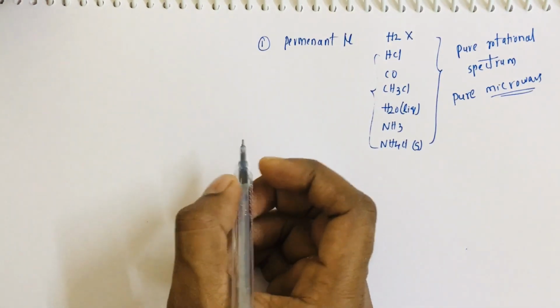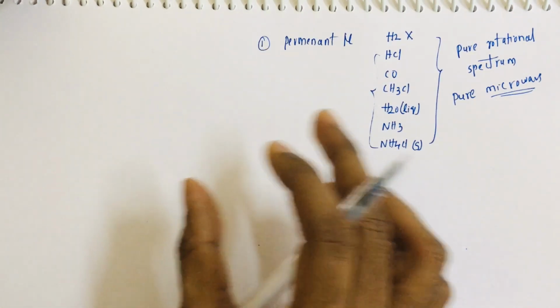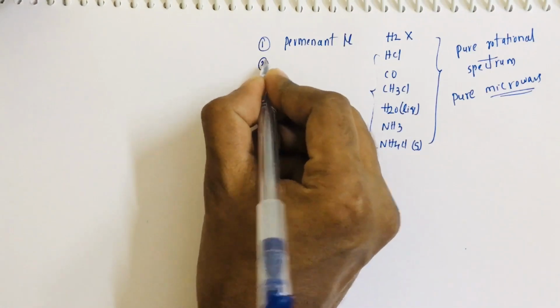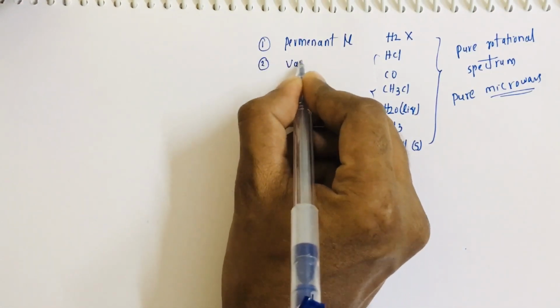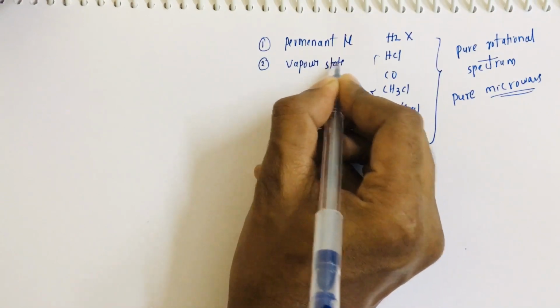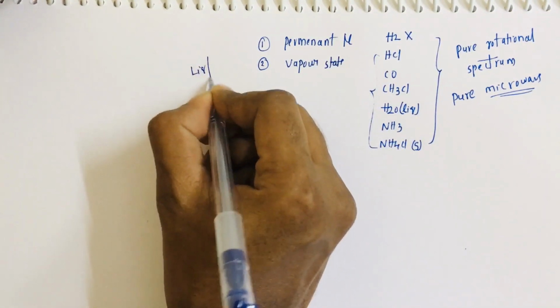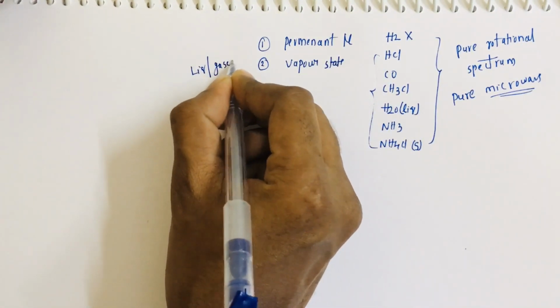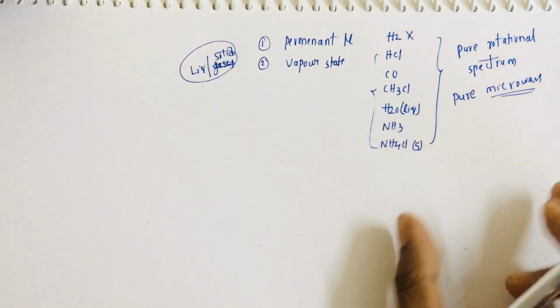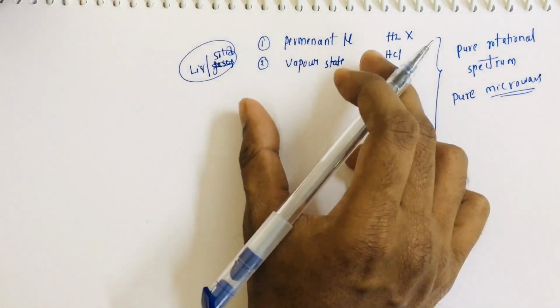Now, another condition for a pure rotational spectrum is that the compound should be in the vapor state. So liquids and solids can't show the pure rotational spectrum. Only vapor compounds can.